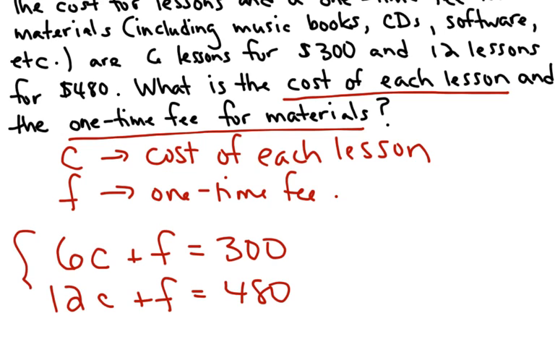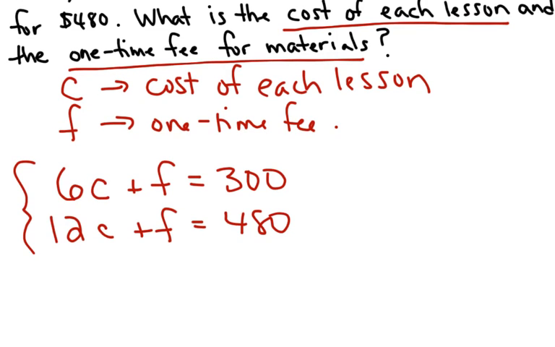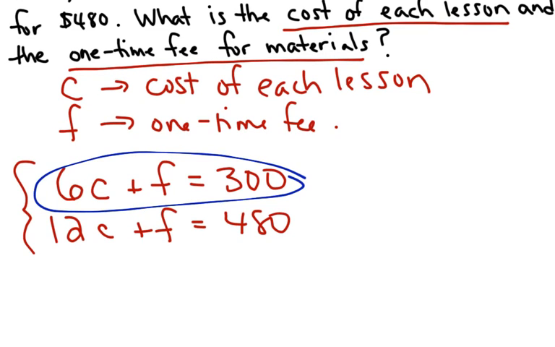And look, there's my system of equations. Now, in order to use substitution, we're going to solve one of the equations for a variable. And it doesn't matter which one. For no apparent reason, I'm going to pick the first equation, and I'm going to solve it for f. And the reason I'm going to do that is because I can do it in one step.